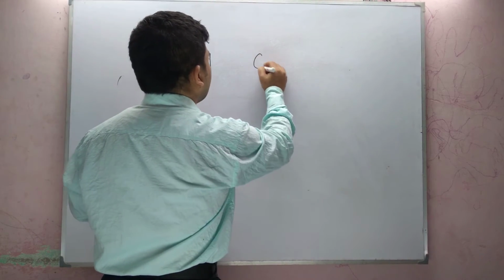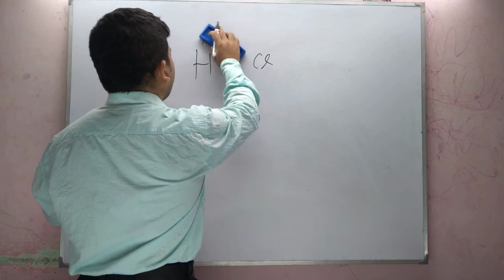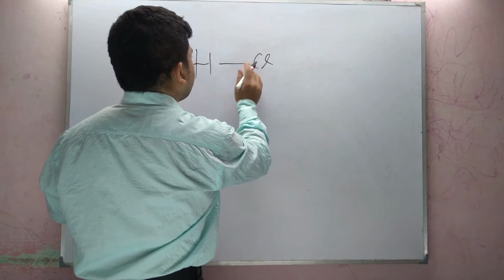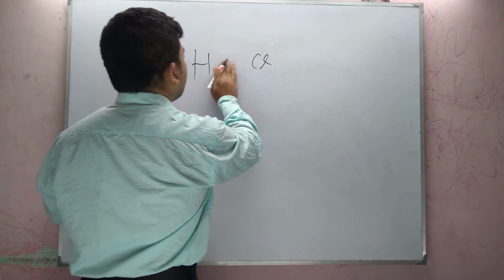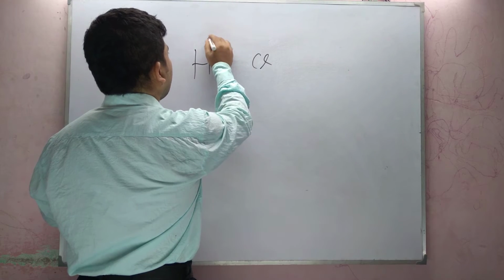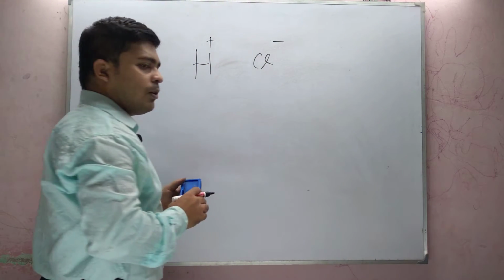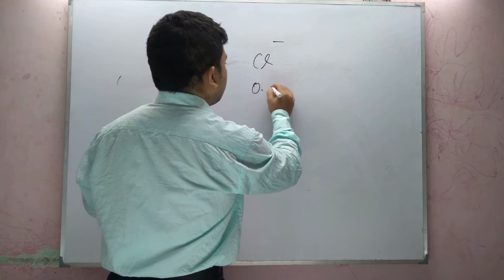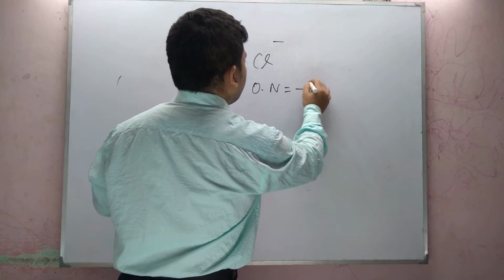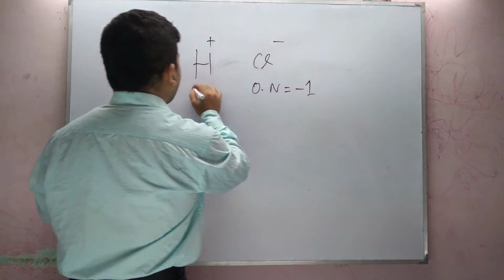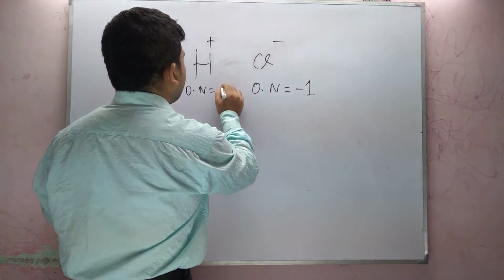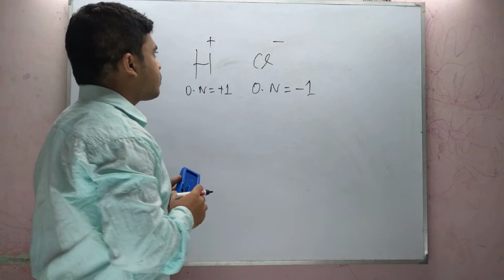But if we take HCl and detach the bond between H and Cl, H becomes plus and Cl becomes minus. Therefore the oxidation number of chlorine is -1 and of hydrogen is +1.